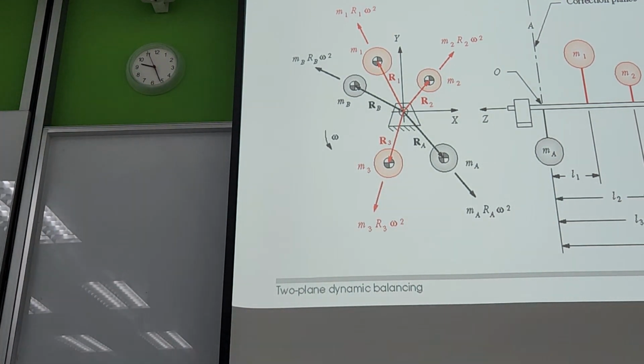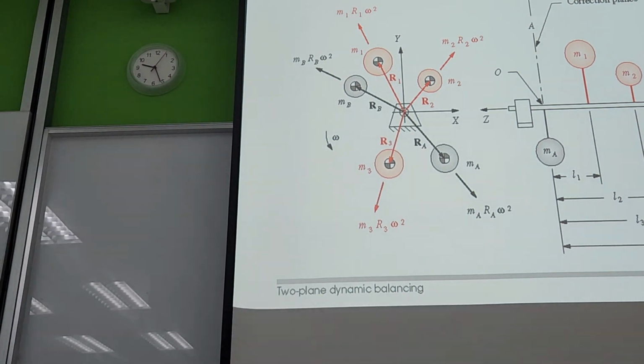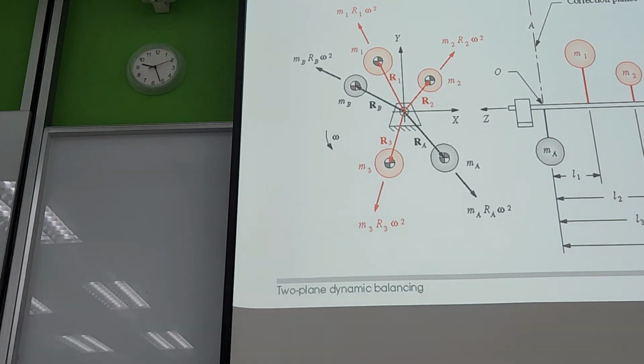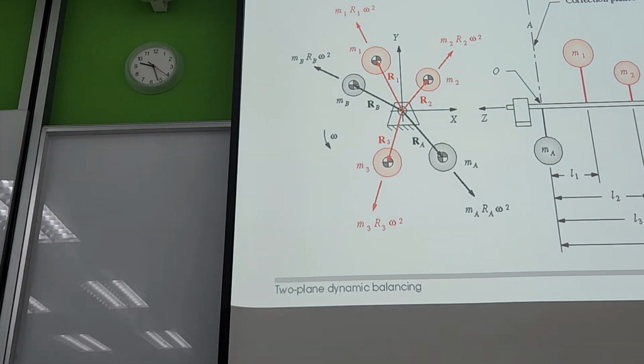Now you just focus on the figure given here. Look at the figure given, so you will get the concept of dynamic balancing. Now M1, M2, M3 are the three masses. M1 is located at L1 from a reference point or from a correction plane. M2 is located L2 horizontally, M3 is L3.